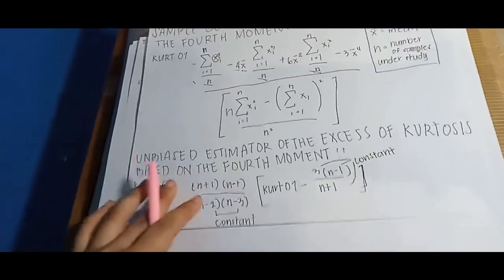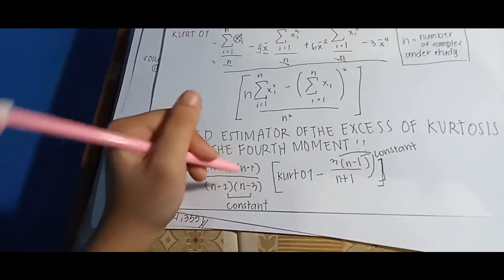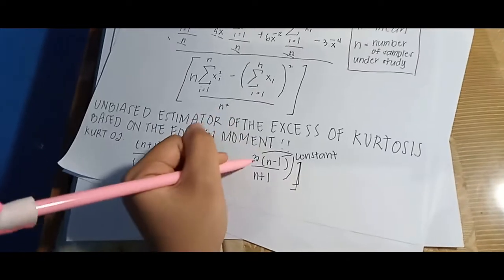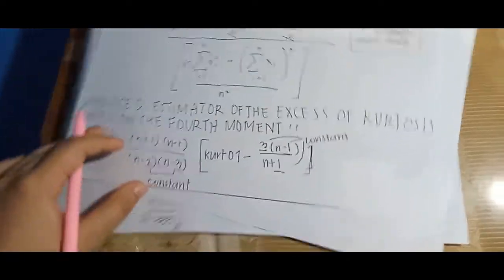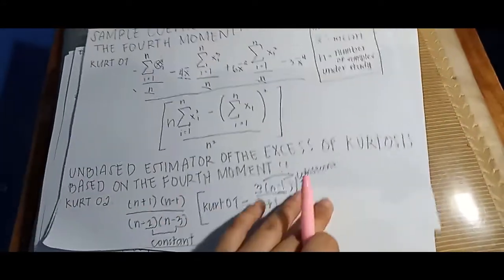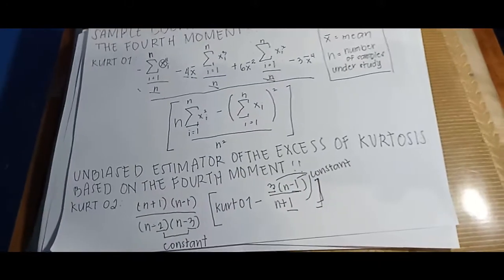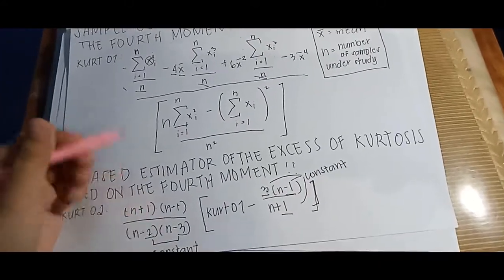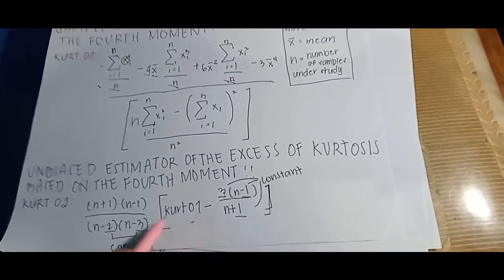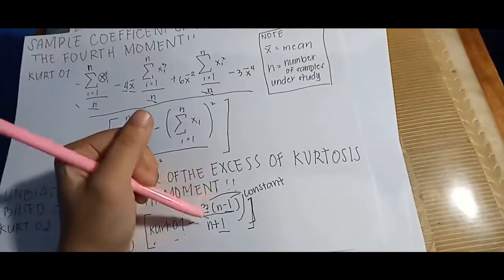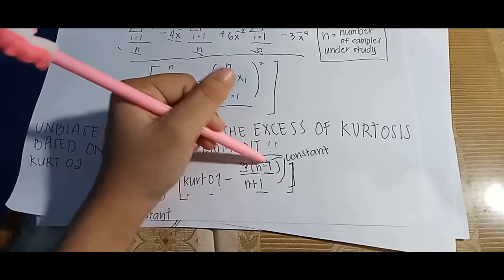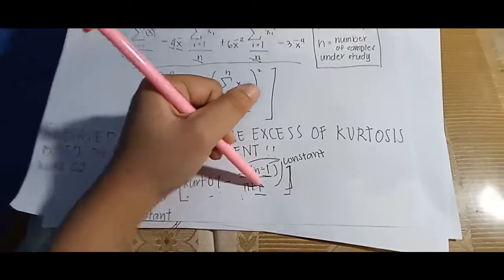Now, how I explain this is 3 and 2 are constant numbers along with the 3 in here and 1. They are both constant numbers, so always remember them. Anyway, after we get the product, we just divide it, then times it with the answer of kurtosis 1 minus the answer of 3 multiplied by n minus 1 divided by n plus 1.